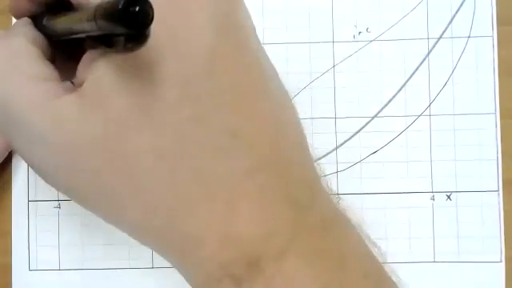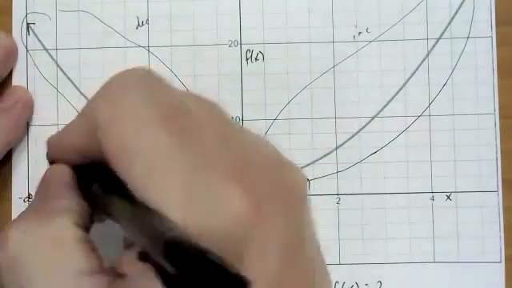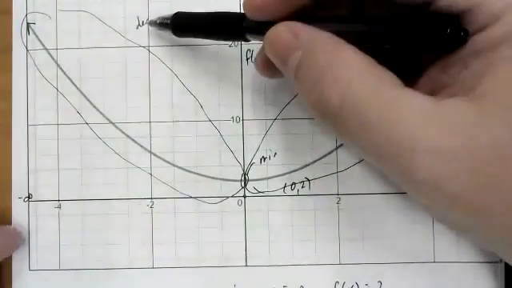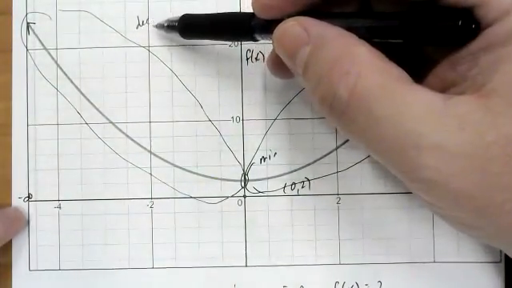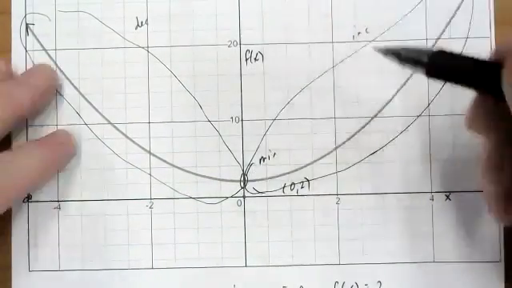What are the values of x where the function is decreasing? Since this goes on forever, as an interval, where's the function decreasing? From negative infinity to 0.